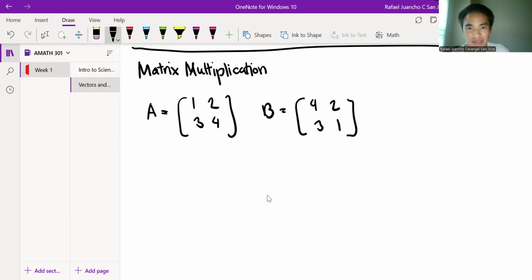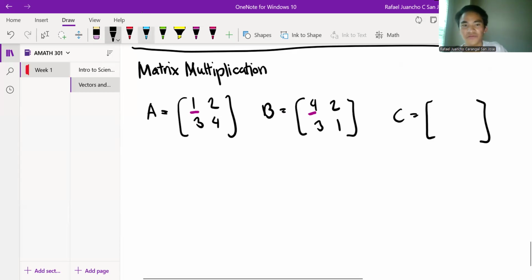Well, the idea is to multiply this by this. Let's say their product is C. If we multiply 1 and 4, what do we get? 4. Moving on.